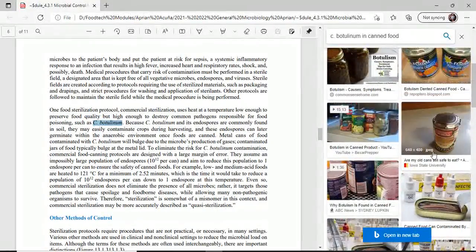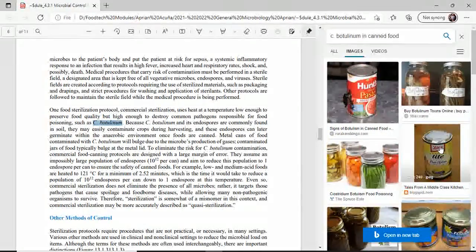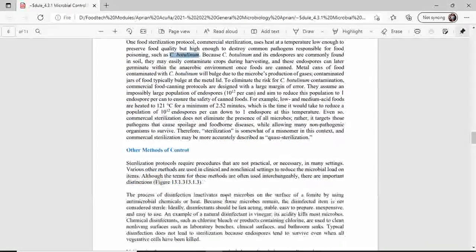So, that is your positive for Clostridium botulinum. Don't you ever take cans that have expanded. You have here one that has already burst. Okay, so that's what it looks like.